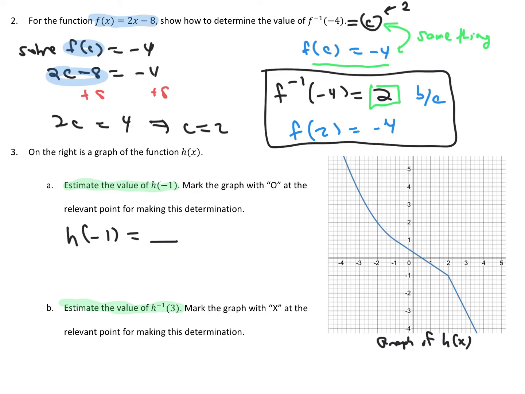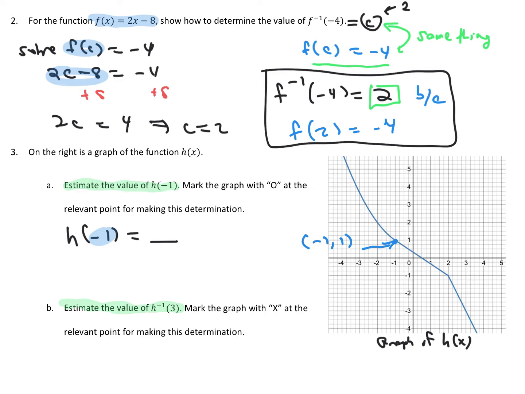We know the input into a function corresponds to the x-coordinate. So by saying the input is negative 1, that means that we're looking for a point on the graph where the first coordinate is negative 1. So negative 1 is right there. That point has its first coordinate negative 1, and its second coordinate positive 1.